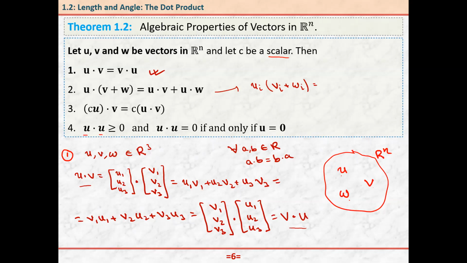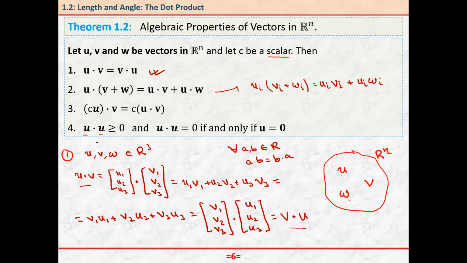So again, just using the properties of real numbers, I can write it as u sub i v sub i plus u sub i w sub i. After that, by regrouping, we can write this in this form. And again, converting this into the dot product form, I can write it in this form. And in a similar way, exactly, it's just a constant, you can do that.